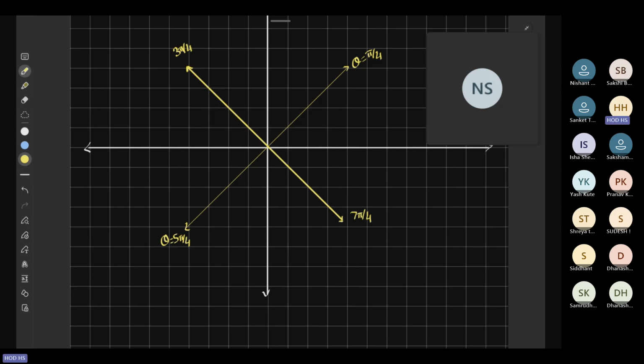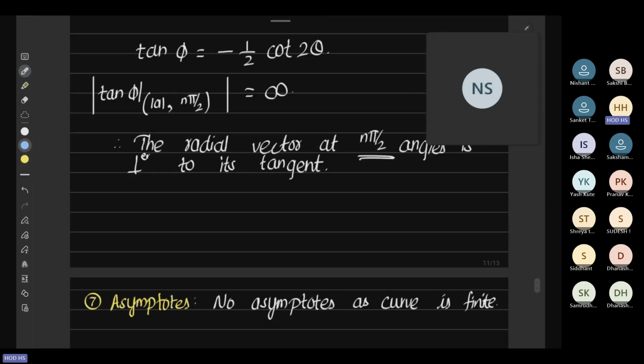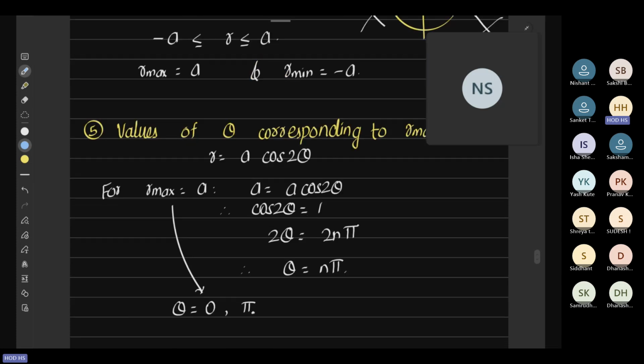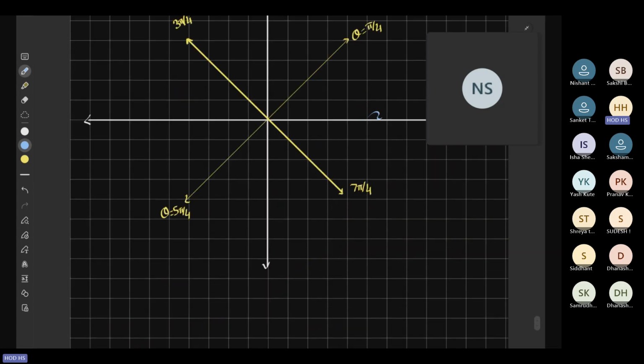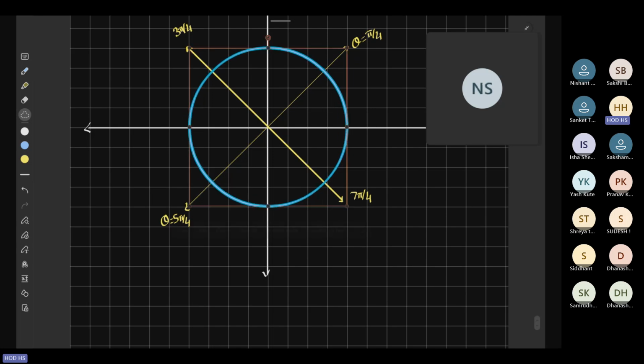Okay. Now we have maximum radius, that is a. So consider this 4 unit distance or 5 unit distance is our a. So I will draw a circle with this a radius. So this is my circle of my maximum radius.